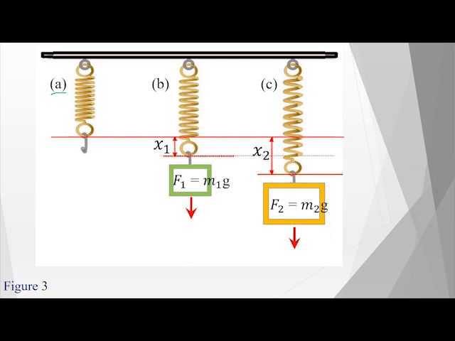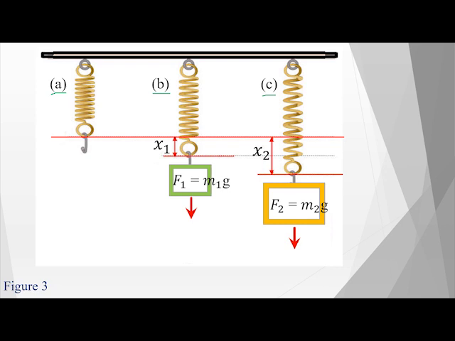The B part shows the action of M1 on the spring, which would undergo a deformation of X1. The C part of the figure shows the action of mass M2 on the spring, which will undergo a deformation of X2.